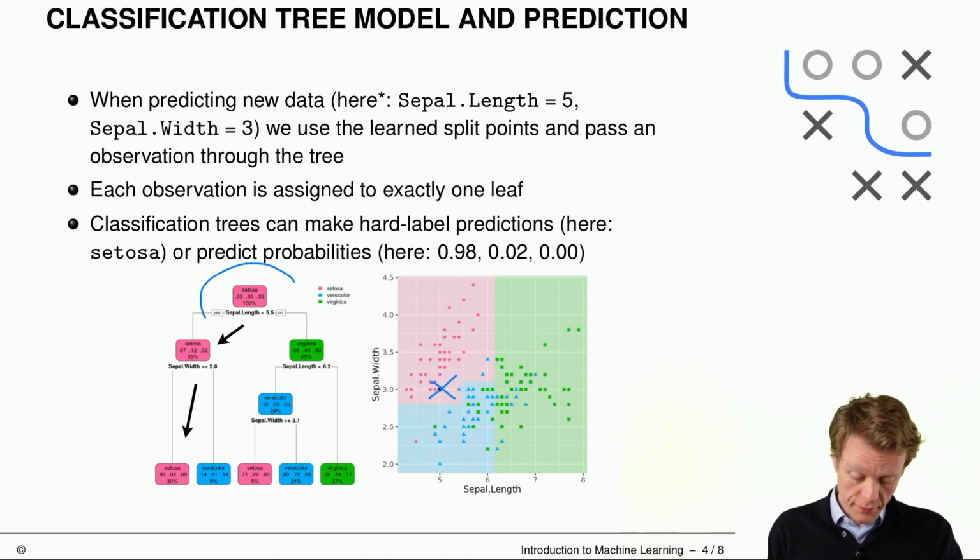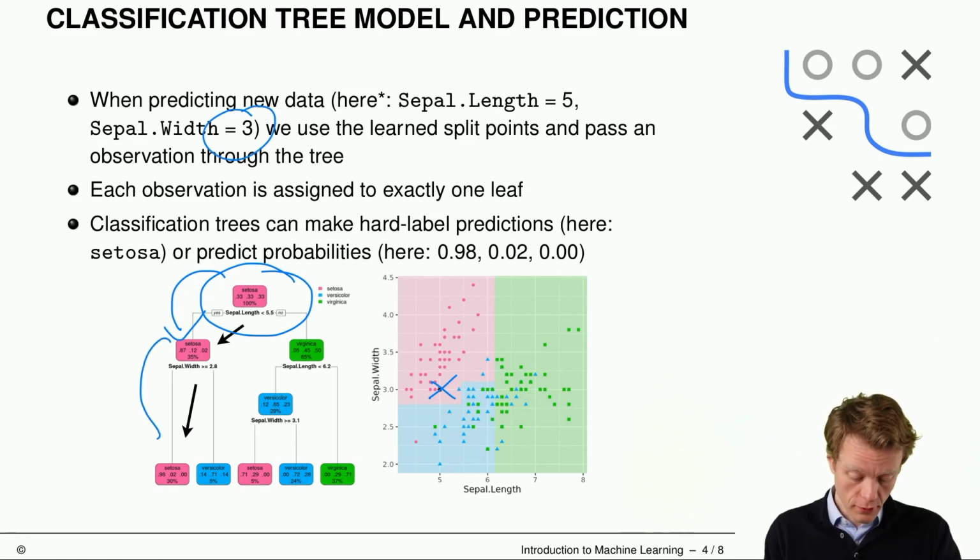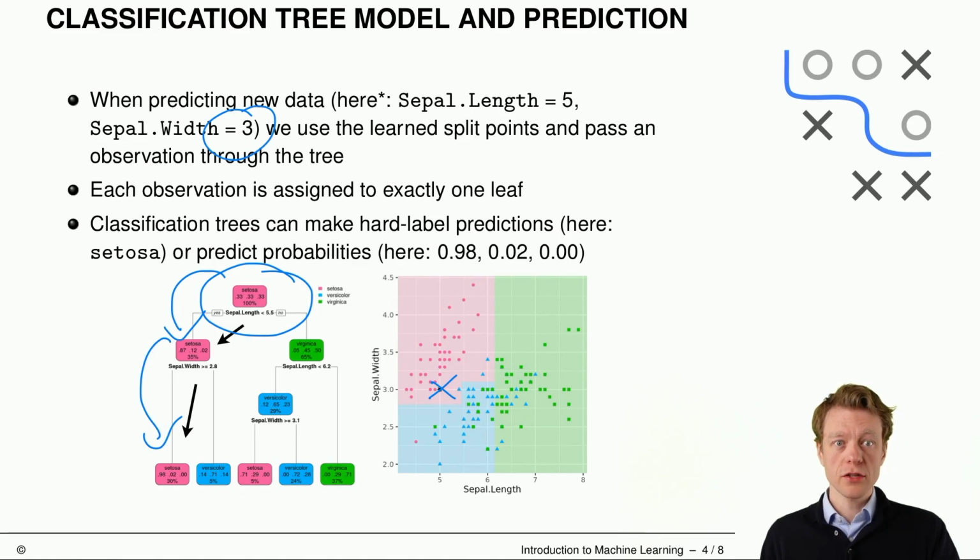If we pass this data point through the tree, then the first decision is that sepal length is smaller than 5.5. So this is a yes, so we go to the left child. And the next question is sepal width larger or equal than 2.8. And since this is 3, it's also a yes, so we end up in that leaf. And the constant prediction is setosa in that case.